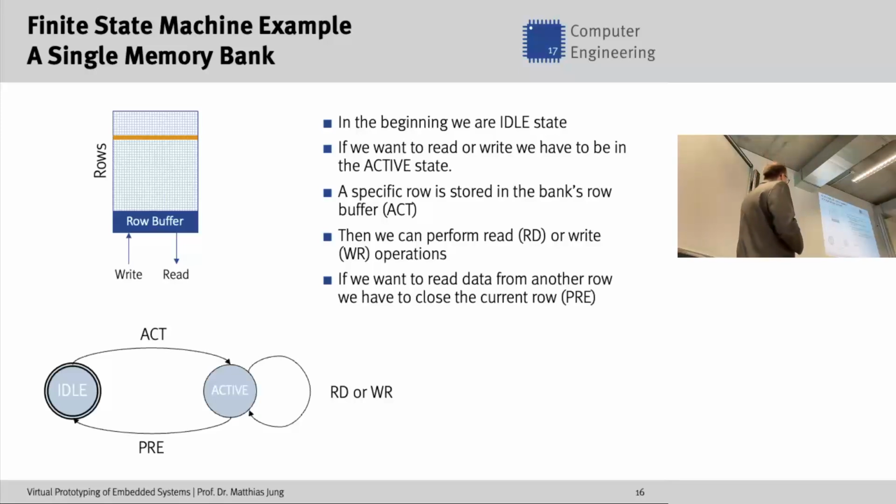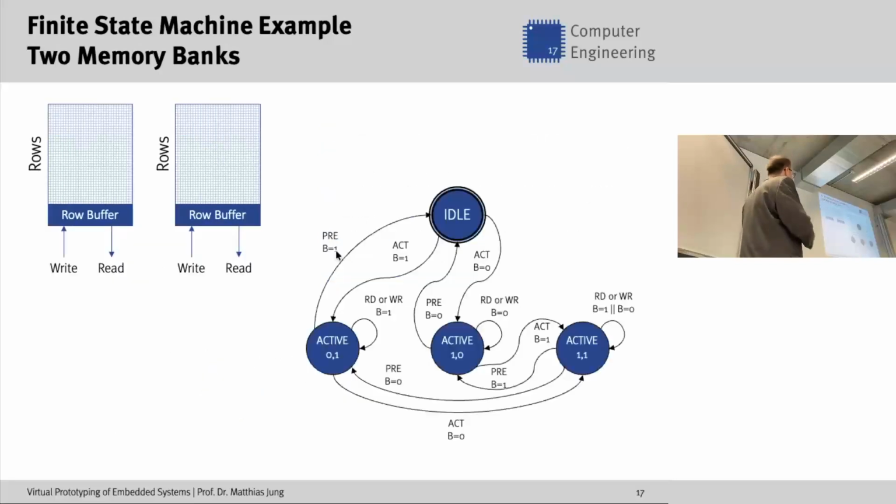But the reality is also not the case that we have only one of these memory banks. Today we have 8 to 16 of these memory banks, right? So let's go one step further. When we have now a 2-bank system, we have more states now.